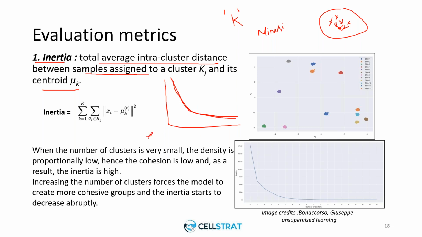This is called the elbow method, as it represents an elbow. At this point, you can select the corresponding cluster count as the k value and say that beyond this point there is no point in increasing k, because the inertia is not going down any further and is sort of minimized.